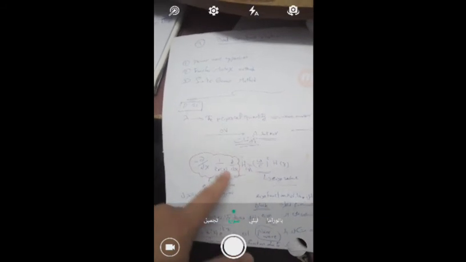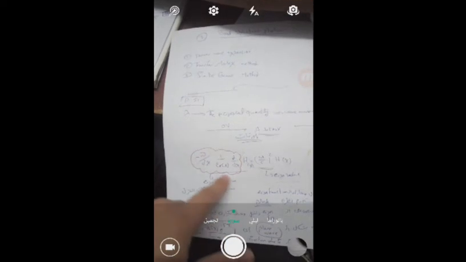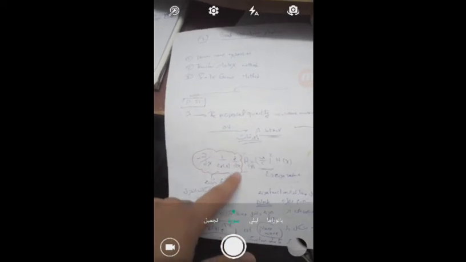I have two problems in my photonic crystals. Number one, I am dealing with an infinite structure, not fixed dimensions.